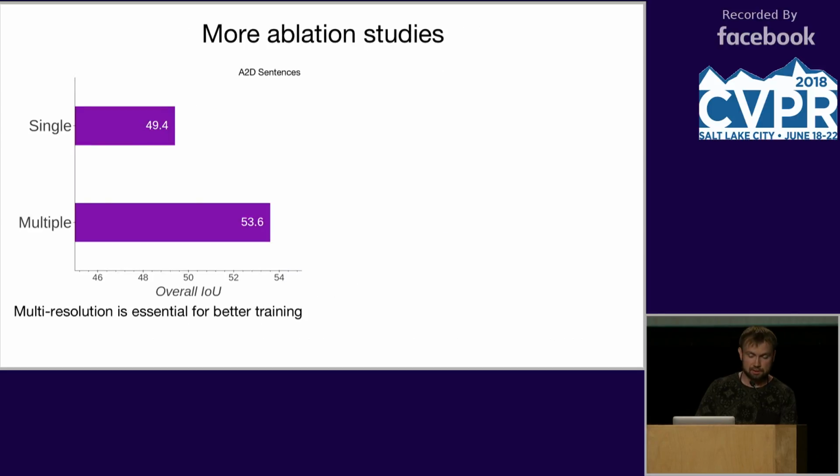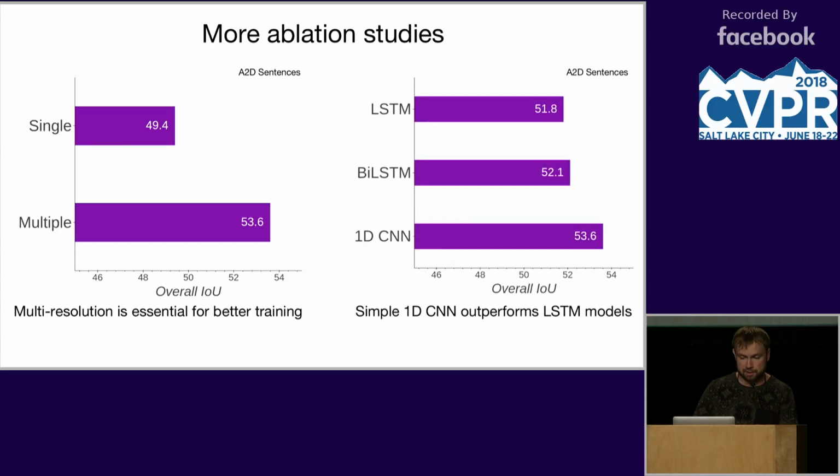We also found that multiple resolutions are essential for better training of our model. And we also studied how to encode textual representations, and surprisingly we found that a simple 1D convolutional neural network outperforms LSTM and also bidirectional LSTM on this task.